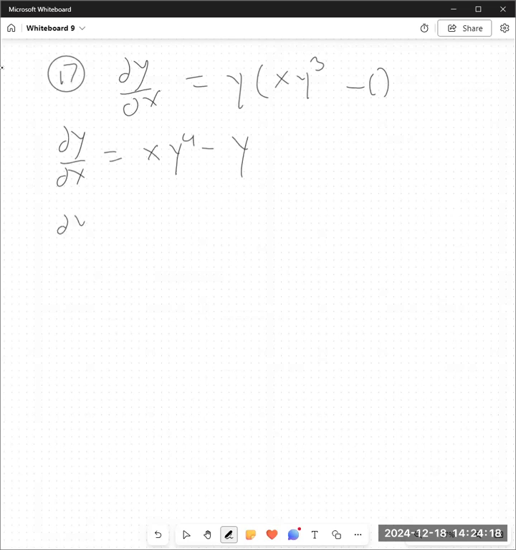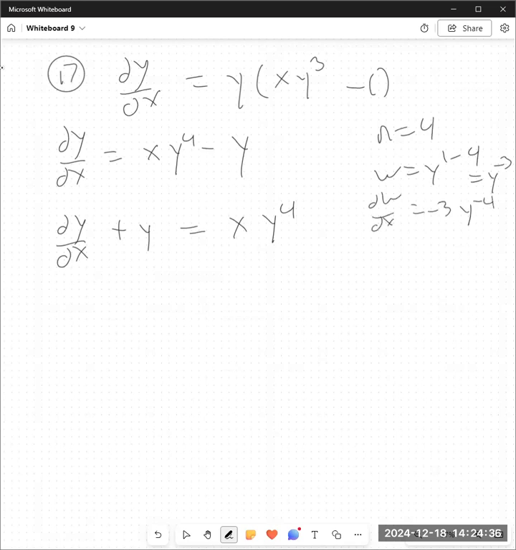Let's bring the y over. dy/dx plus y is equal to xy^4. I have n is equal to 4, so w is equal to y to the 1 minus 4. It's y^(-3). dw/dx is negative 3 y^(-4) dy/dx. So I need to multiply by negative 3 y^(-4).